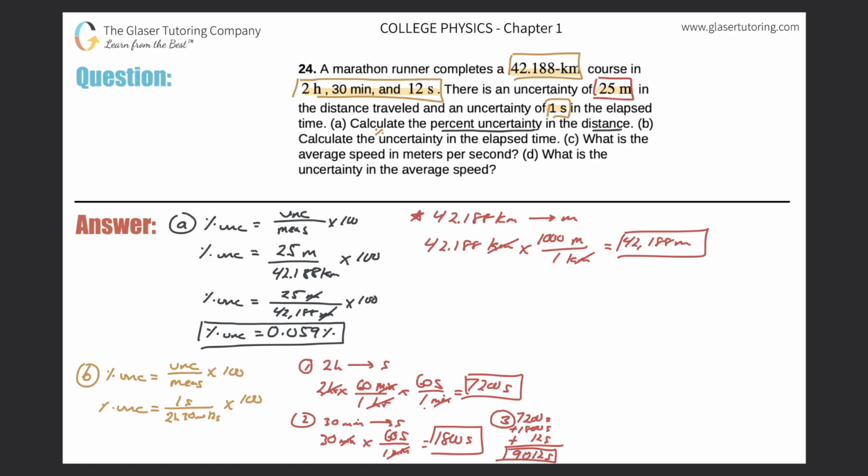So now what I'm going to do is go back to my percent uncertainty calculation. And I have now 1 second divided by 9,012 seconds multiplied by 100. And now let's find what that value is. Multiply by 100.